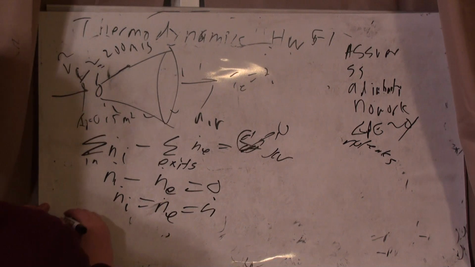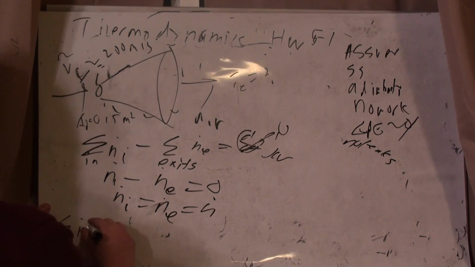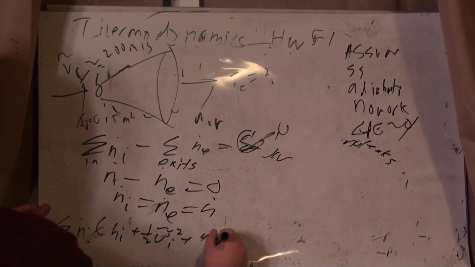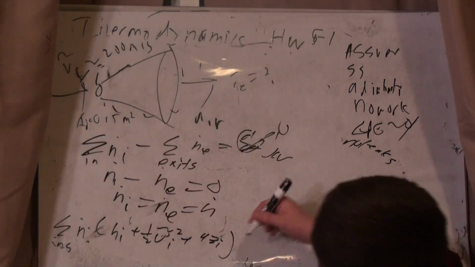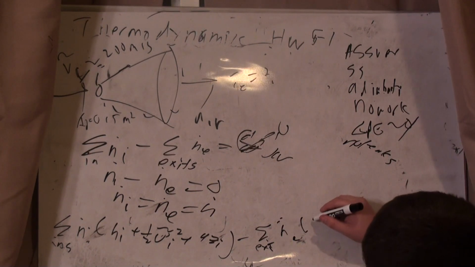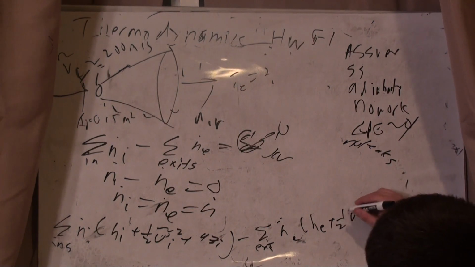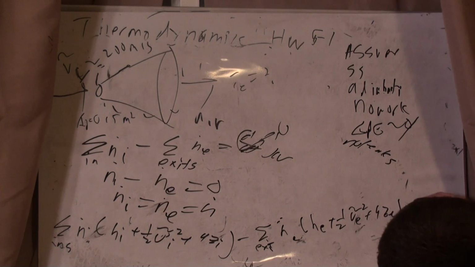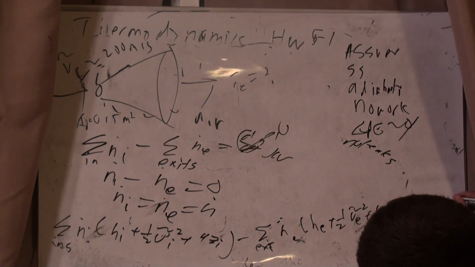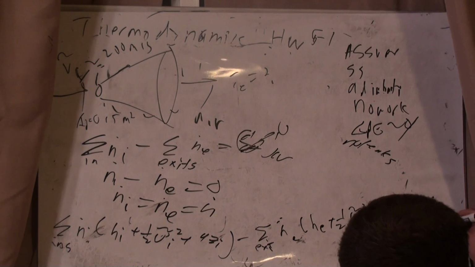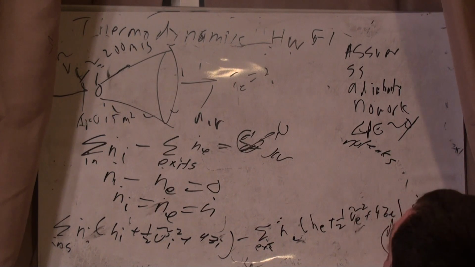Okay. Now I'm going to have my energy balance, which says the sum over inlets of n dot I times (hI plus 1/2 v squared I plus g zI) minus the sum over exits of n dot E times (hE plus 1/2 v squared E plus g zE) plus Q dot plus W dot equals d(U plus EK plus EP)/dt of my control volume, but that all goes to 0 because it's steady state.